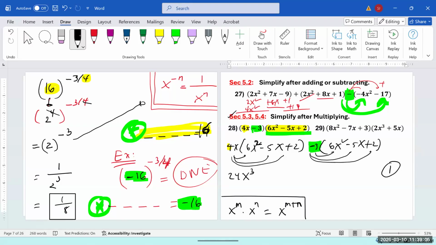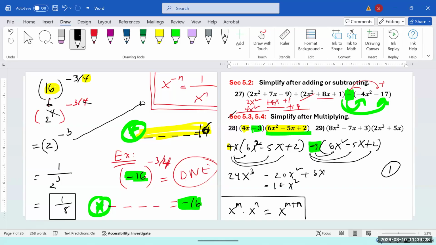And then the next one will be minus 20x squared. And then the next one will be plus 8x. And then for the second one, we get -3 times 6, which is -18x squared.